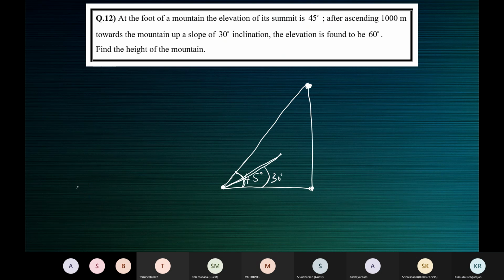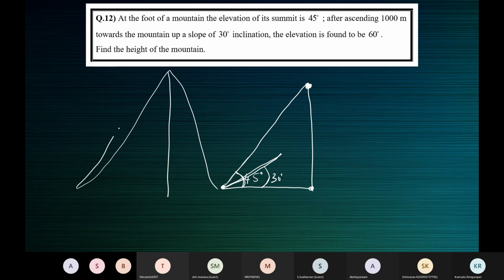But this inclination is smaller. To look at the top of the mountain, you'll have to raise your head and see. That is 45 degrees. But this is the mountain. To walk up the mountain, the slope is inclined at an angle of 30 degrees with the ground.